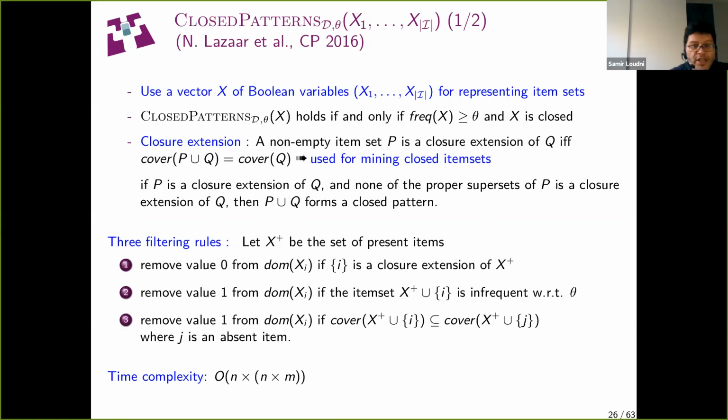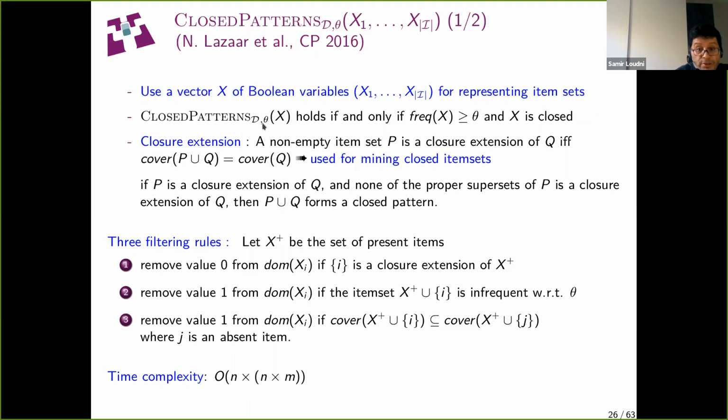Here, in terms of modeling, we use a vector of Boolean variables for representing item sets, as in the CP4IM models. But the main difference is that we have just this kind of variable, without any extra variables for representing, for instance, transactions.